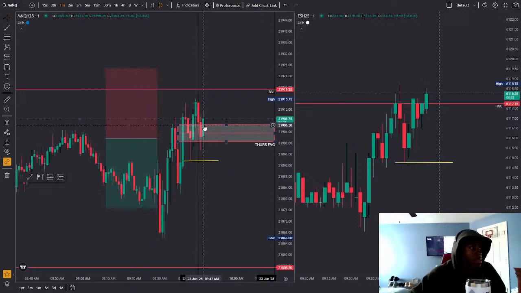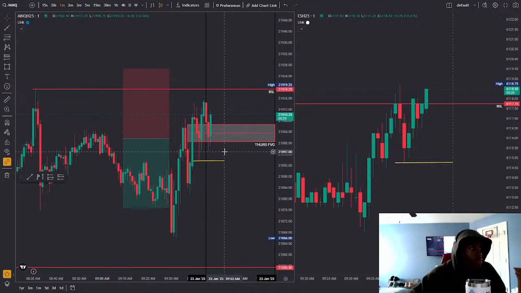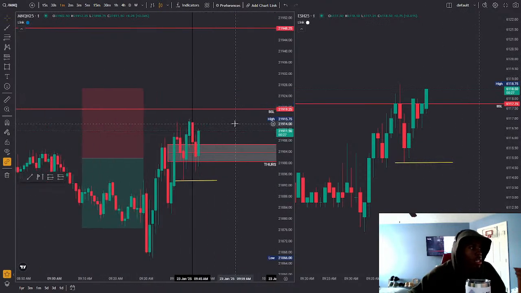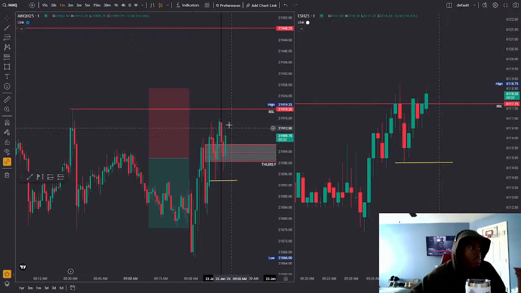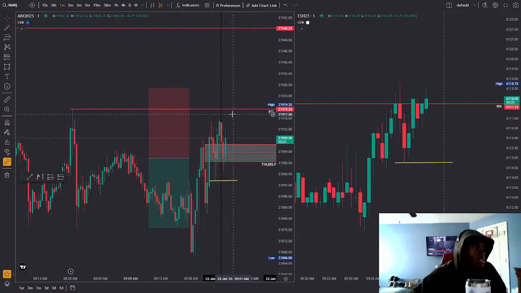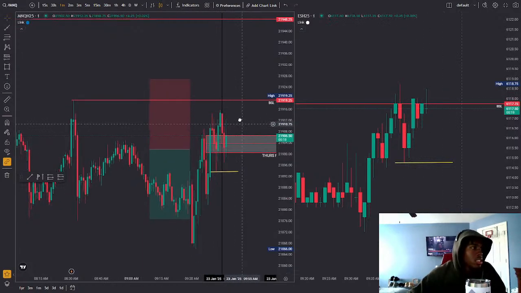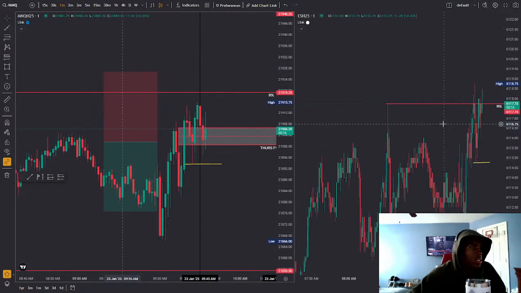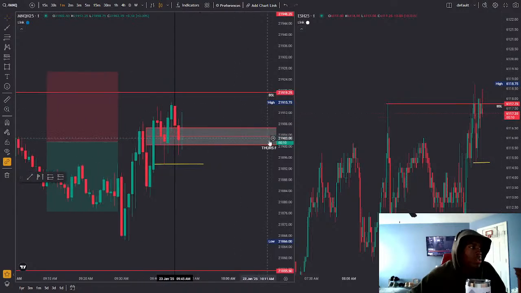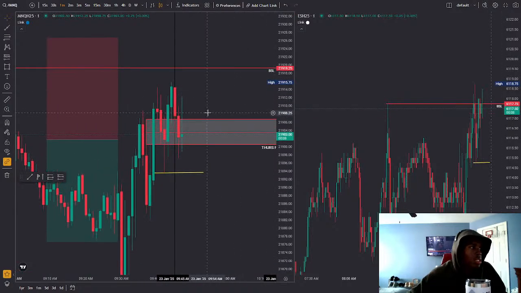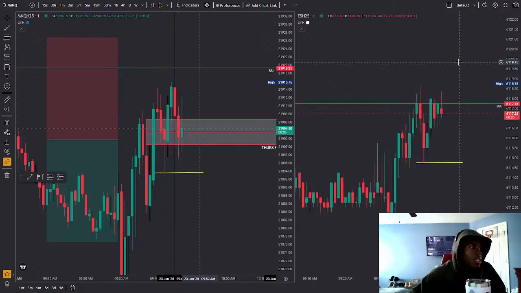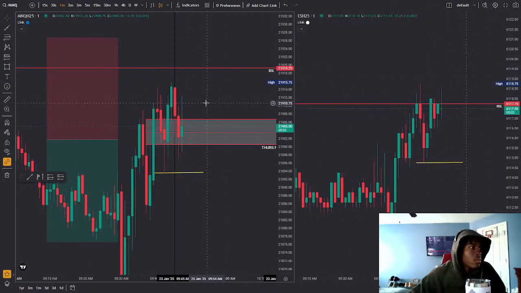Me holding this gap, but money's starting to expand. Hopefully we fail to make this new high right here. Same with ES too, that'd be nice. And we're holding this midpoint, it looks like.